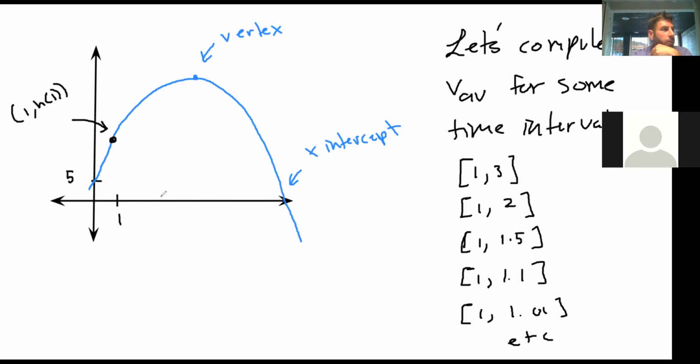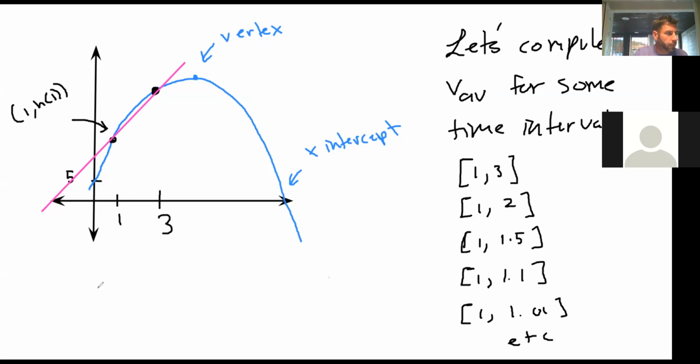And by the way, for example, if I call this the point, say 3, then the average velocity is nothing more than the slope of this line. So let's make sure we're all aware of that.